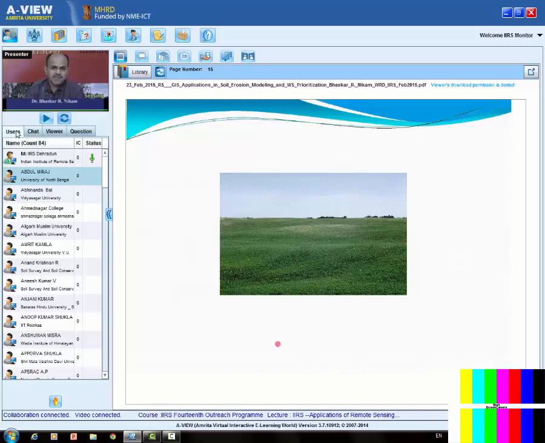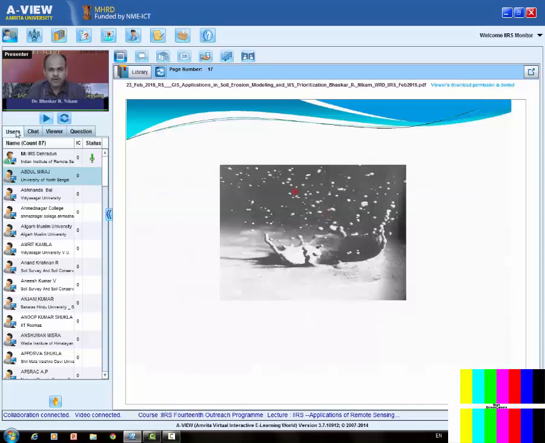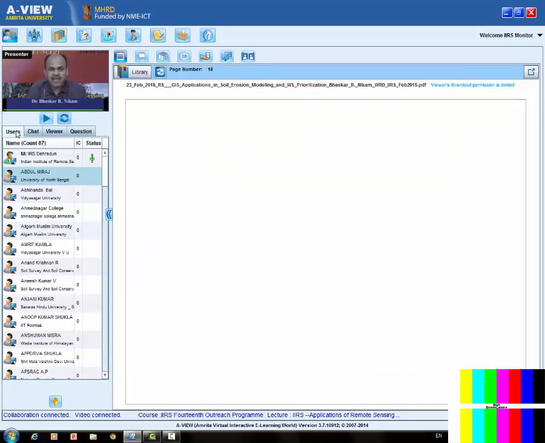Now you can see here, this is a very lush green landscape where the vegetation acts as a conservation measure. Vegetation does not allow the raindrop to directly impact soil, nor does it allow the surface runoff to carry the particles. So there is no soil erosion here. But if the vegetation cover is removed or degraded, what will happen? The raindrop will directly impact the soil and cause splash erosion.